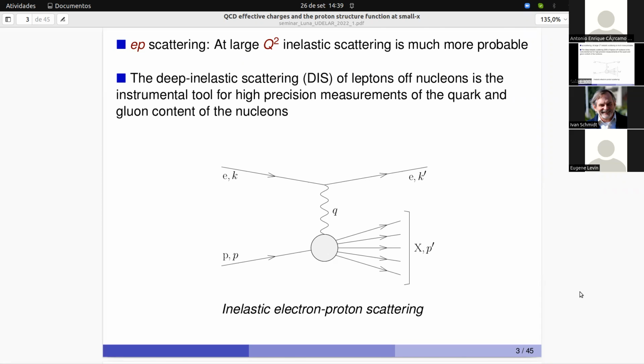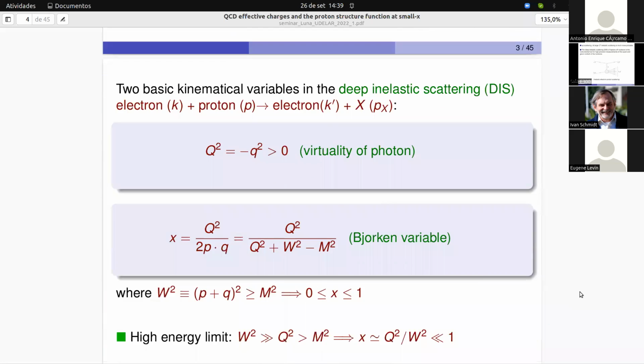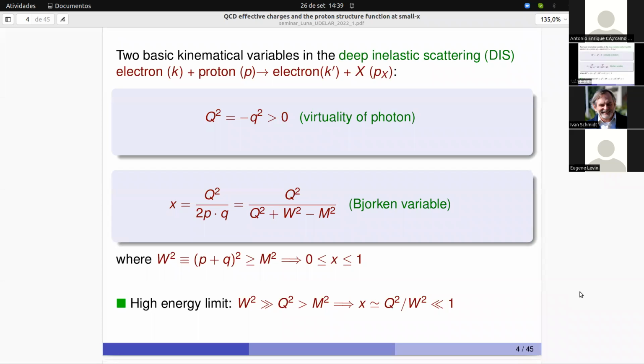We have some important kinematical variables in the process of deep inelastic scattering, basically the virtuality of the photon, which is related to the momentum transfer squared. Minus q square is the Mandelstam variable t, and you have the Bjorken variable x, defined in this way.